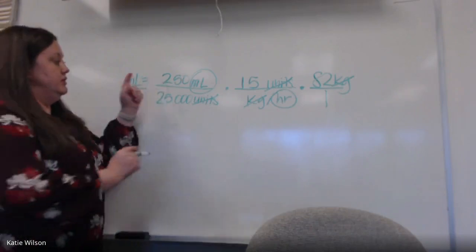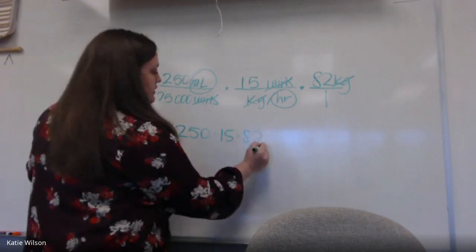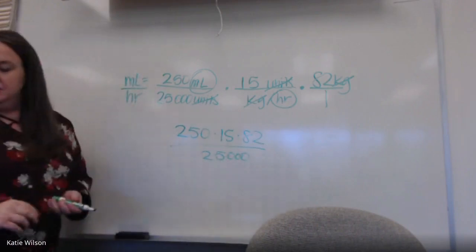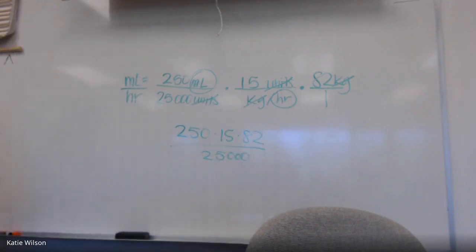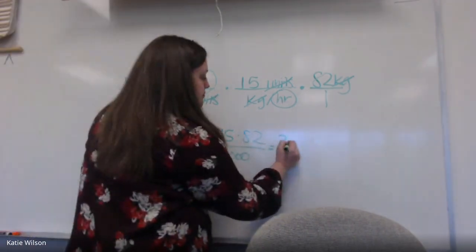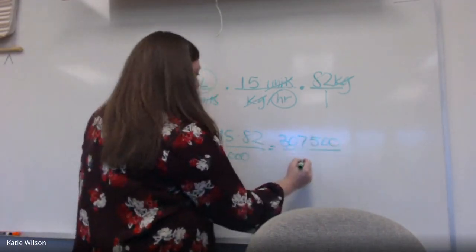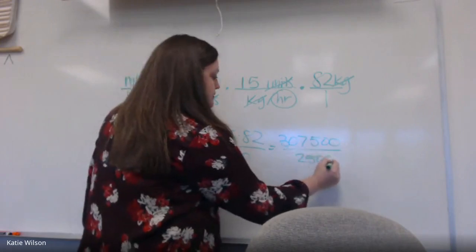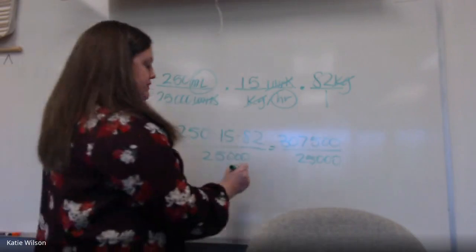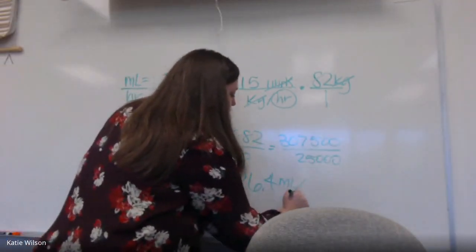So I've got 250 times 15 times 82 divided by 25,000. What's 250 times 15 times 82? 307,500. Divided by 25,000 is 26.4 milliliters per hour.